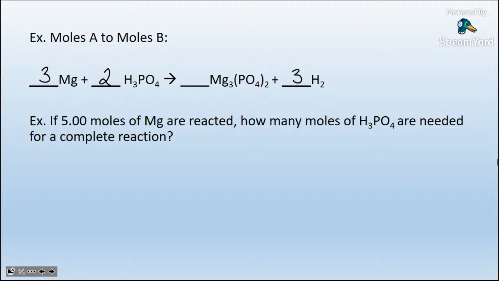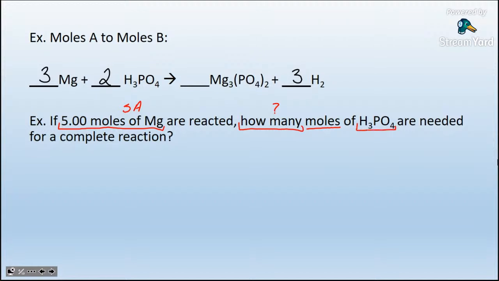And what I always recommend to my students is label the problem. Okay? So as we go through this, 5 moles of Mg, that is what is referred to as a starting amount. Okay? It's the amount that they give you in the problem. And if you're going to work a math problem, there has to be a starting amount. So it tells me 5.00 moles magnesium are reacted. How many? That's my question, and it refers to moles of H3PO4.